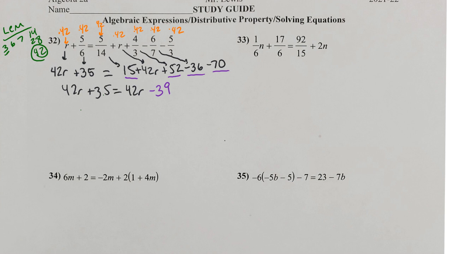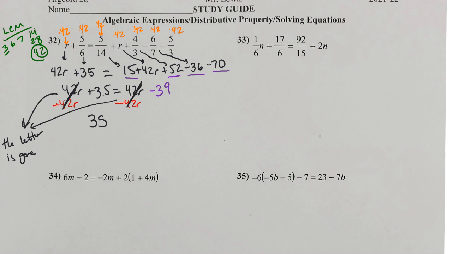And now I'm just going to minus 42R from both sides. I get 0. So those cancel. I get 35 on the left side. Now, the biggest mistake I'm seeing here, the letter is gone. 42R minus 42R is not just an R. It's gone.